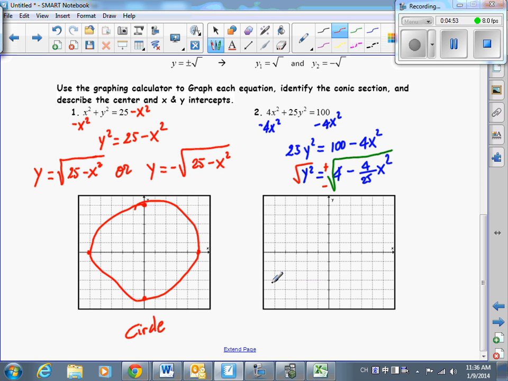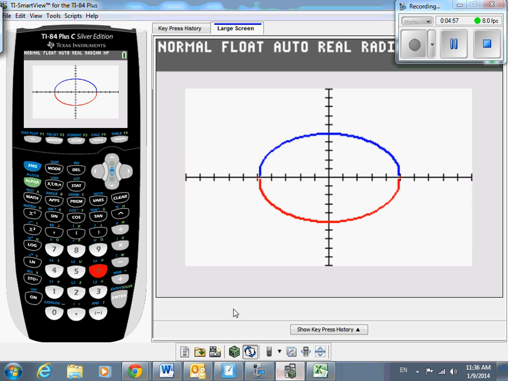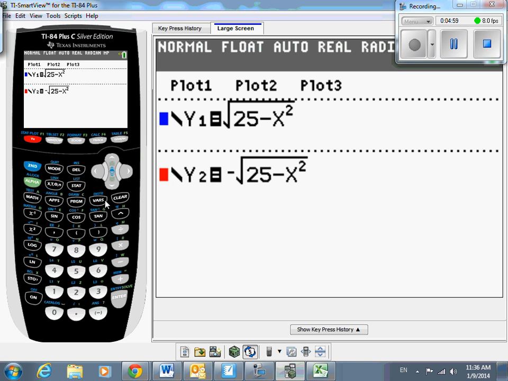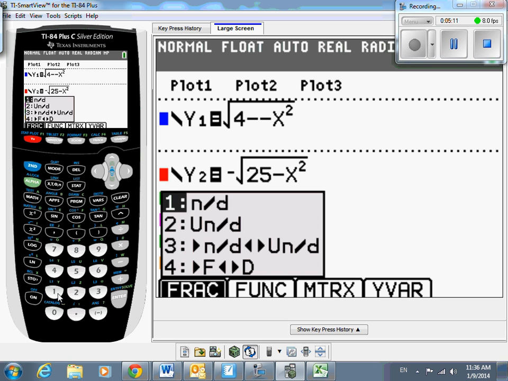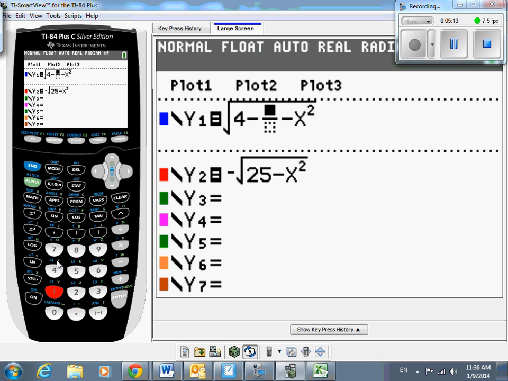So let's go ahead and put that on the calculator now. On the y equal, it's y equals the square root of 4 minus 4 over 25 x squared. And the other one would be the negative of that. Type exactly what you had there. I will go ahead and make mine fancy and have the exact fraction, 4 over 25.